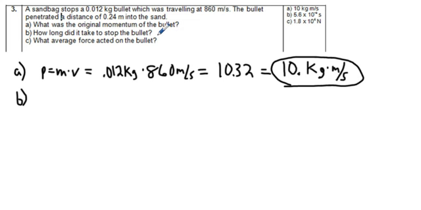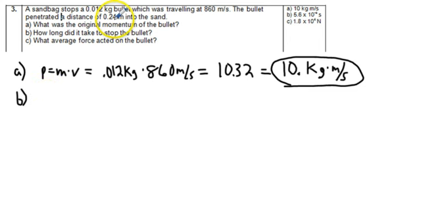But we don't have easy information to go from what's given to us to what we're searching for, which is the amount of time it took to stop the bullet.